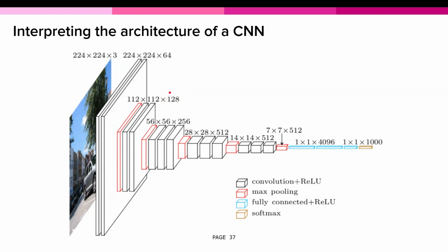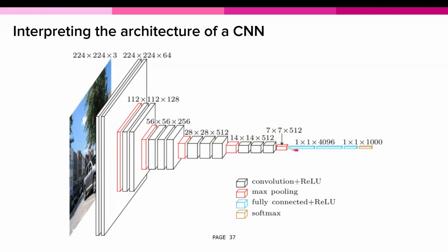128 channels. Did another downsampling operation to get 56 by 56, and then blew that up to get 256 channels. Another downsampling operation, 512 channels, downsample again, 512 channels, and then a final downsampling to get a 7 by 7. So we're only doing downsampling in these final three.